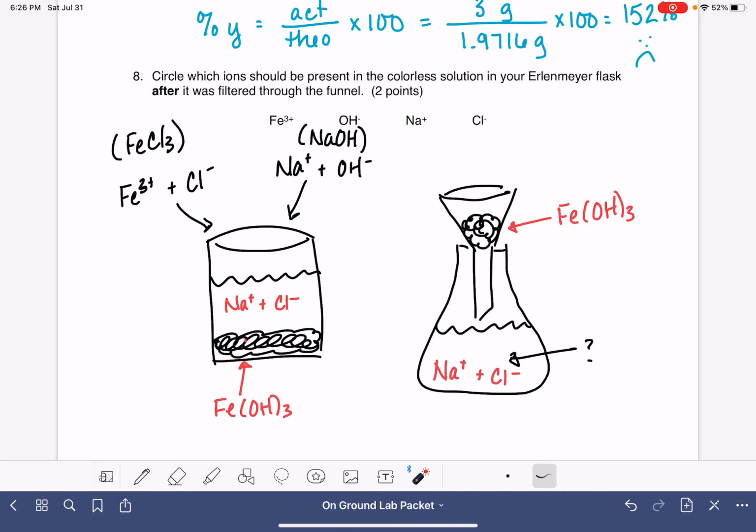So some of it was left over. The stuff that was left over is going to stay dissolved in the solution, and will also pass through the funnel into the Erlenmeyer flask. So you've got to take that into consideration as well. I'm going to leave that for you to figure out, based on which reactant was not limiting and in excess. What else do you have present inside this solution?